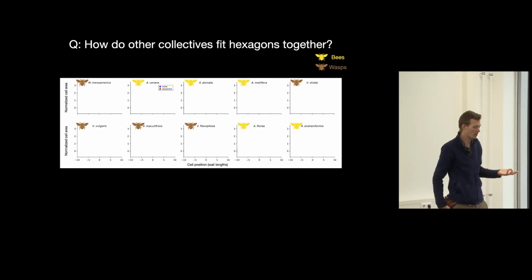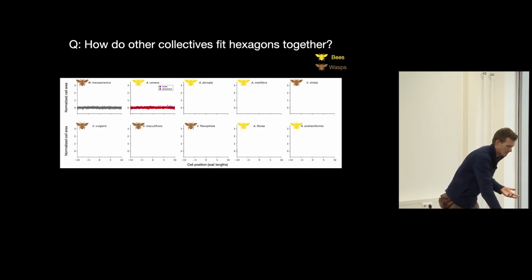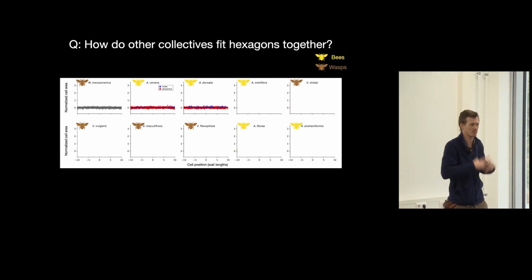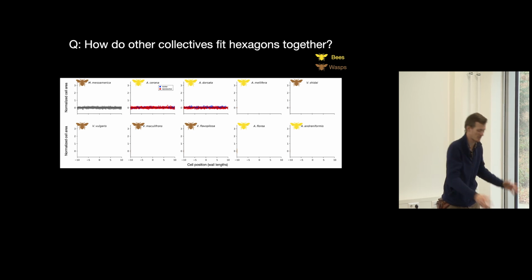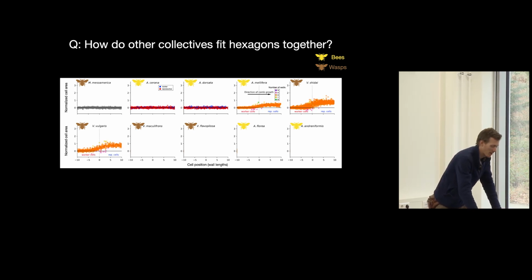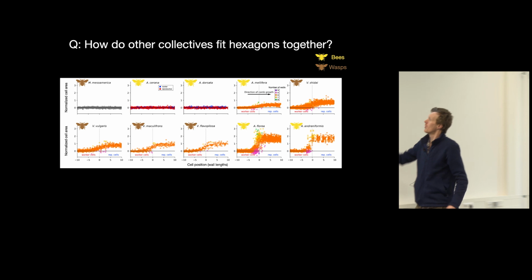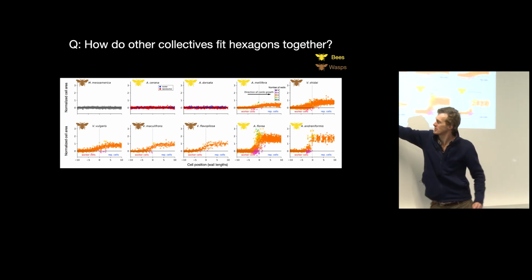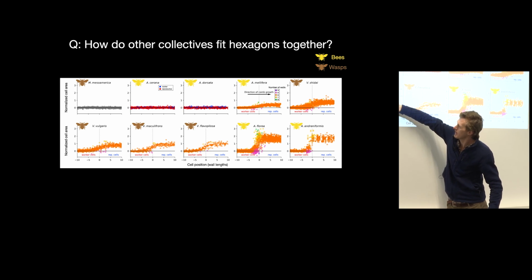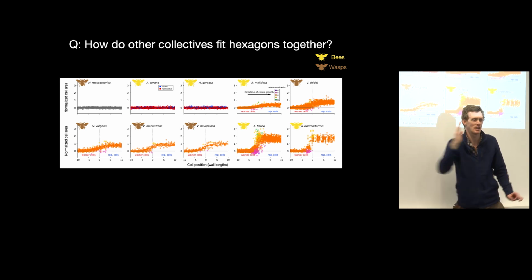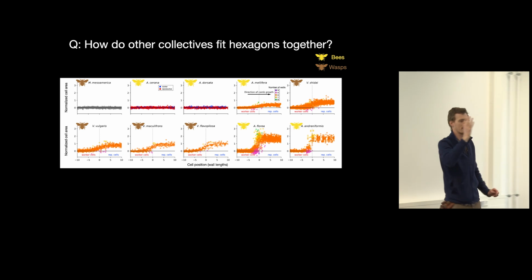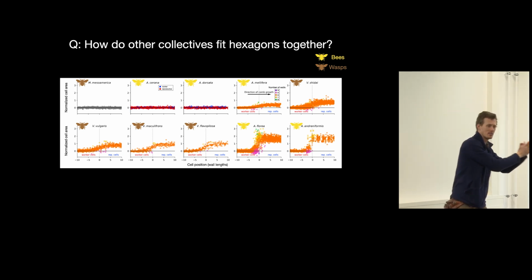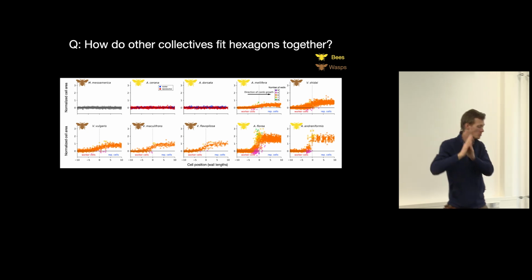So how do all these other collectives fit hexagons together? For these species that don't have dimorphism, not surprisingly, they don't have to do anything different. But then for Apis mellifera and all these other species, we're finding all of these similar transitions, and then also the pink and yellow, the 5- and 7-sided cells that are happening at that transition line, the point at which they're switching from one construction state to a different one.